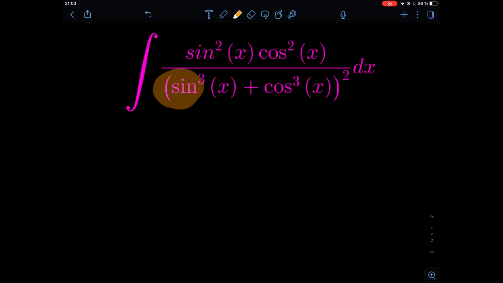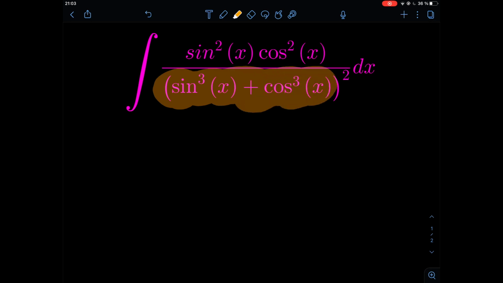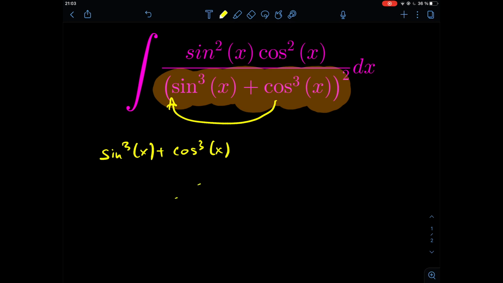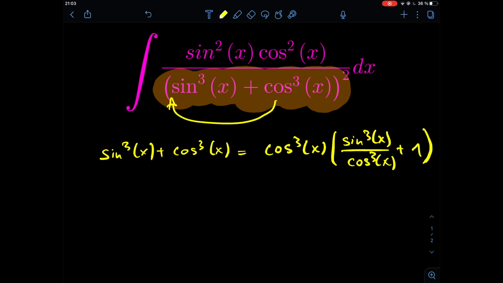So what I want to do first is take a look at the denominator, because we could extract this cosine out of the brackets. So we would have sine cubed of x plus cosine cubed of x, which could be written as cosine cubed of x times the quantity tangent cubed of x plus 1.